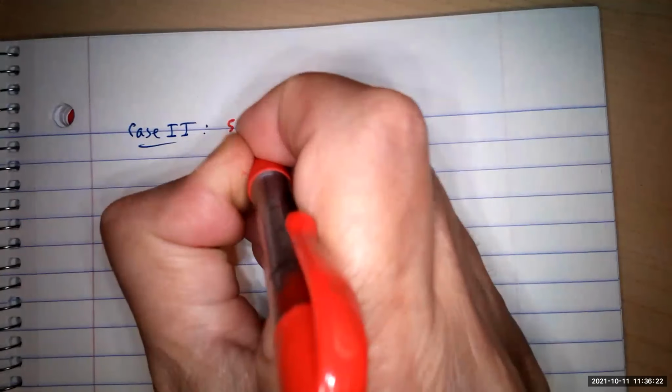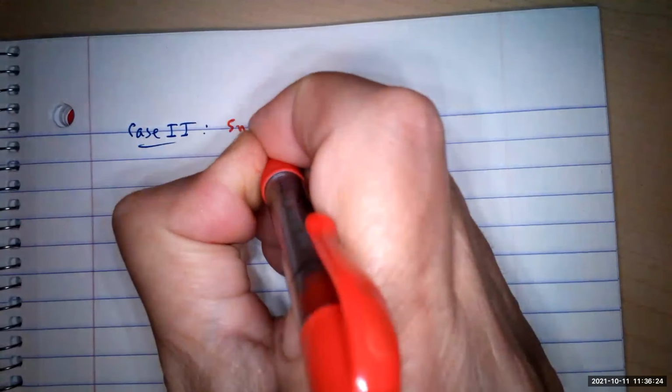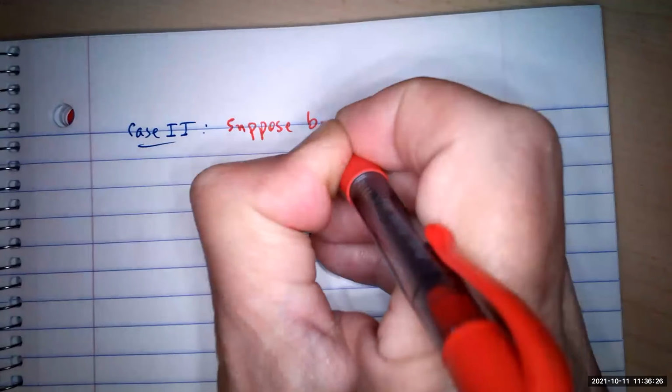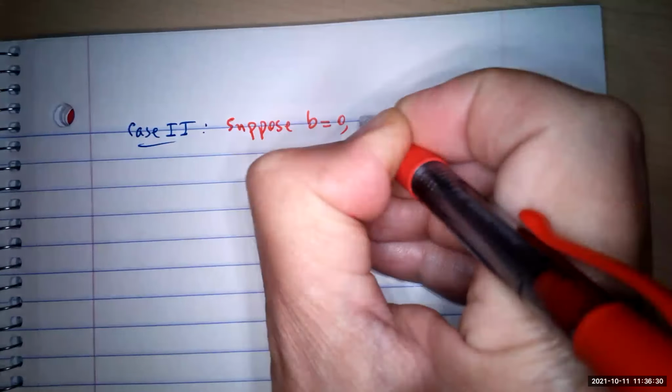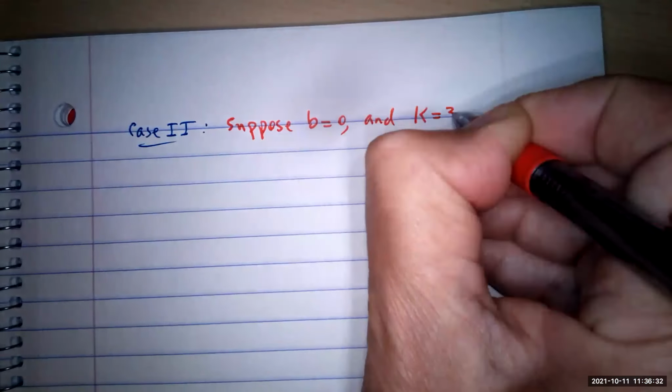Case 2 is, remember, the one where you don't have any 5s. So in case 2, you have to suppose that there are no 5s, which means b is 0. If b is 0, then your k is just a multiple of 3, like 3a if you like.